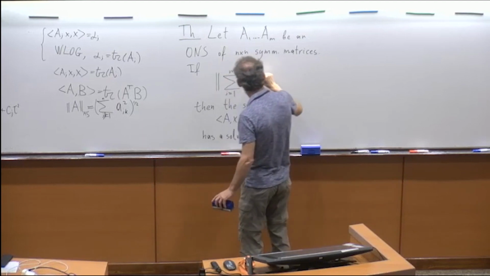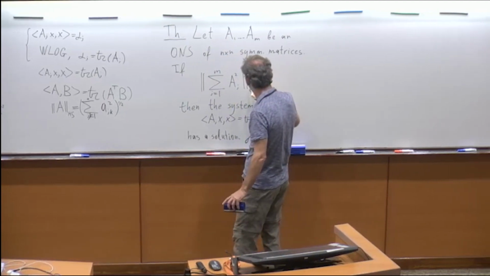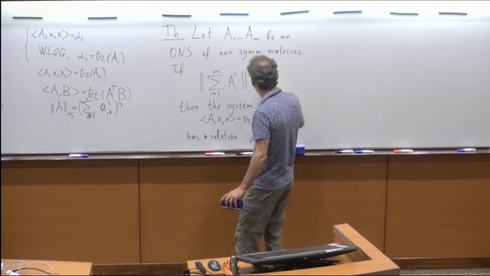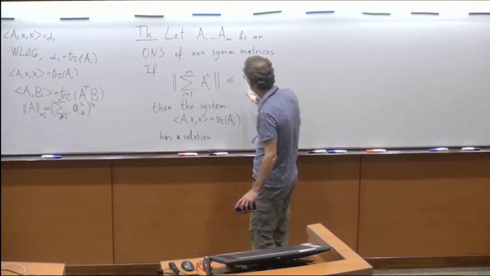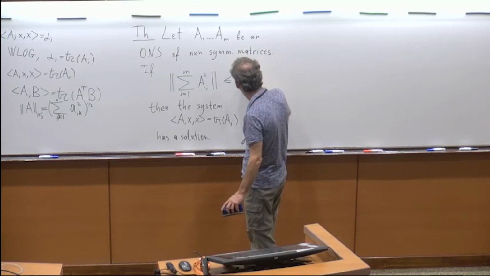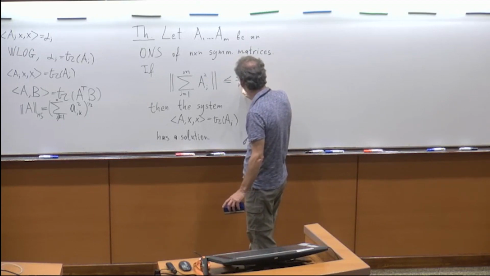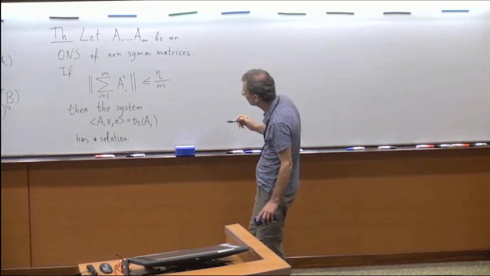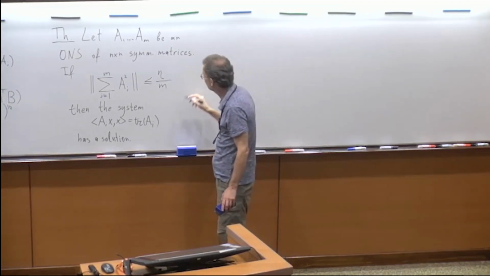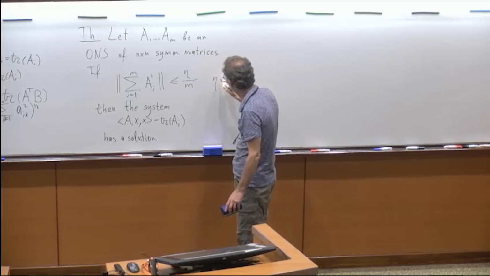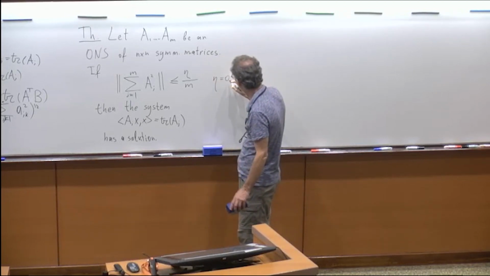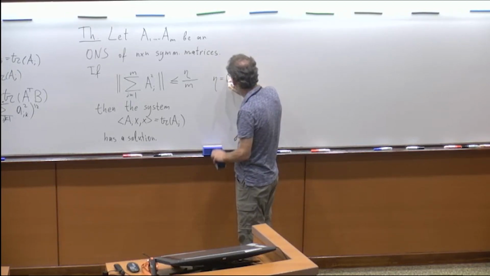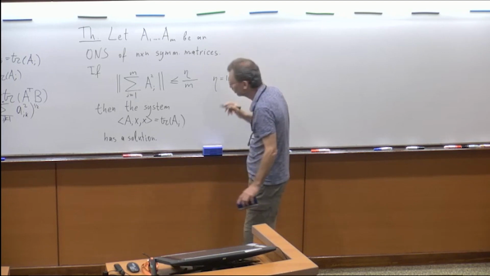Then I take the operator norm of it. And if this quantity is bounded by some absolute constant eta over m, then the solution exists. And eta here is an absolute constant. If you analyze the proof, then say 10 to the negative 4 would do.